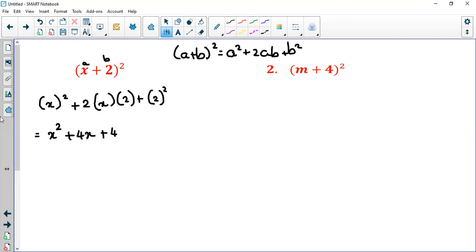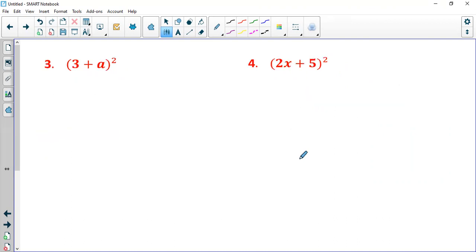So this is the answer if you multiply x plus 2 by x plus 2. Similarly here, this is going to be a, this is going to be b. So it will be m square plus 2m times 4, that in place of b, plus b square. So this is going to be m square plus 8m plus 16.